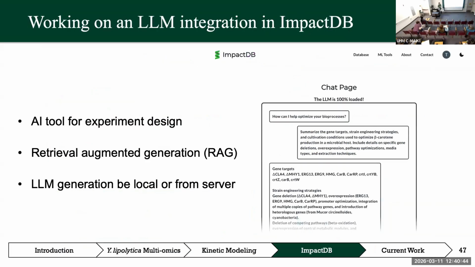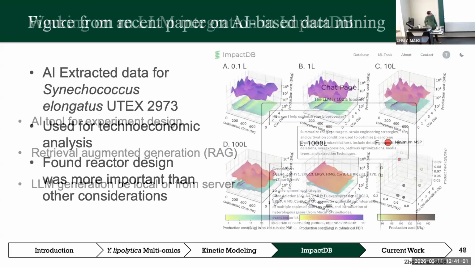So we want to make that available to users. So we're working on an LLM page where people can have a conversation like with ChatGPT, but specifically focused on bioprocess optimization.